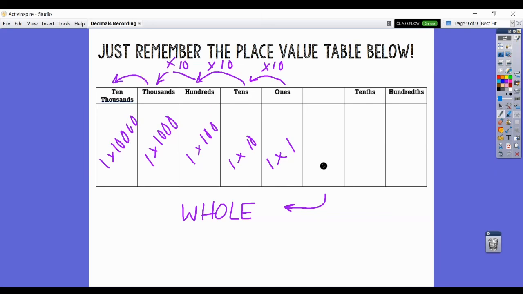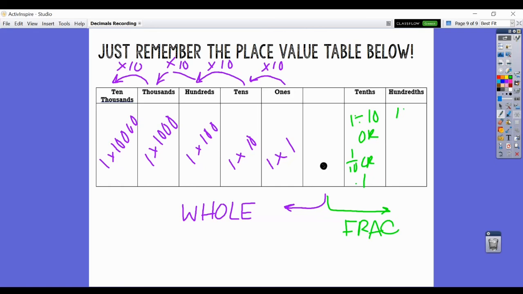Multiplication, and then one more, times 10. Now, when we are going the opposite direction, when we are going this way, this is our fraction. And it would be like 1 divided by 10, or 1/10, or 0.1.